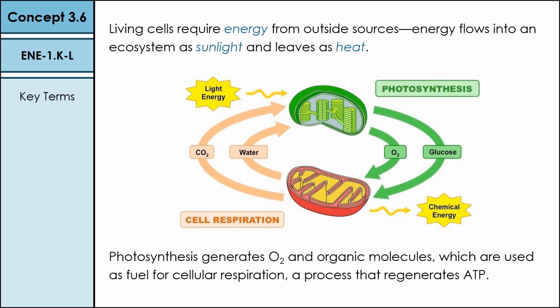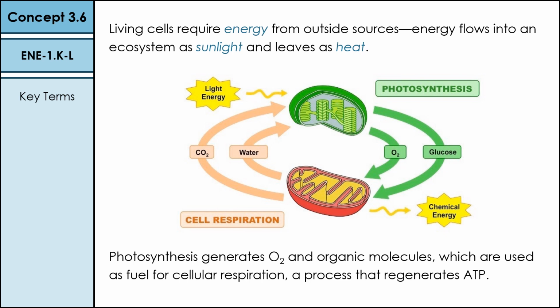And when plants are able to harness that light energy coming from the sun, they're able to fix carbon dioxide into the building blocks of sugars like glucose. And then when organisms take in that glucose, or the glucose is used within a plant cell, we can use that to create chemical energy.